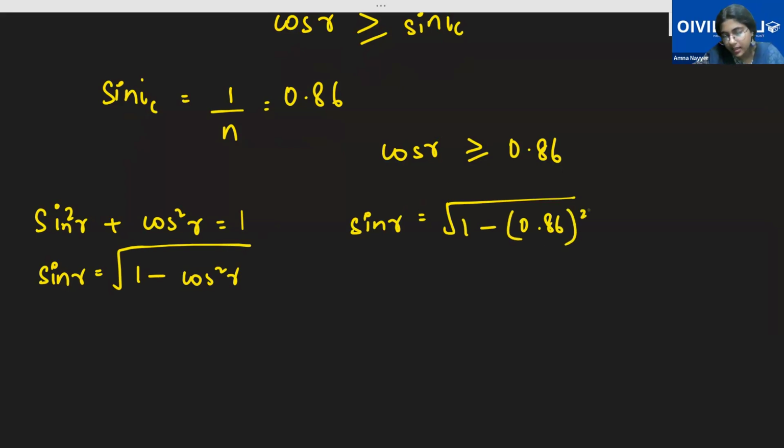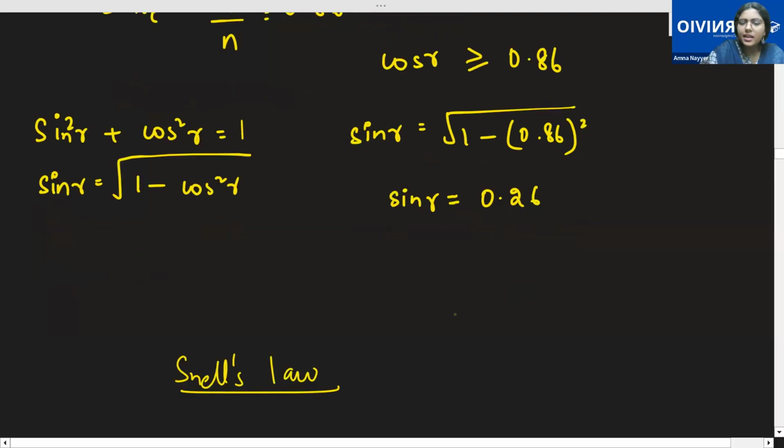This is the value of sin R. How much will it be? Approximately 0.6. I've solved it on the calculator, but while writing, try to just solve it. Values aren't difficult. So sin R is known.